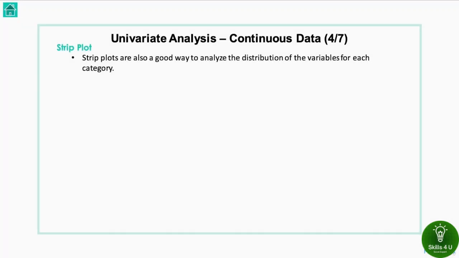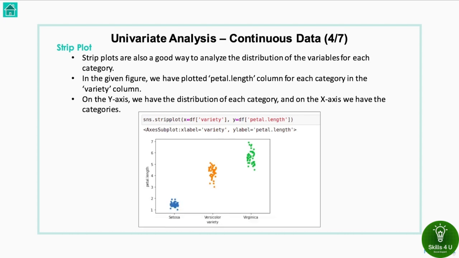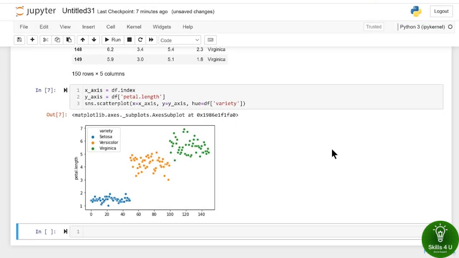We can also use a strip plot for the univariate analysis of the continuous data, which gives the distribution of the data. The plot in the figure gives a distribution of petal lengths for each of the 3 varieties of the iris plants. Let's see how we can plot a strip plot in Python. To plot a strip plot, we will use the .stripplot method of the Seaborn library.